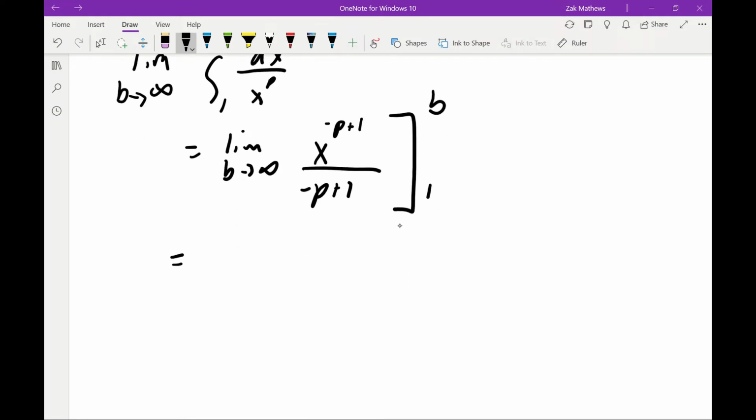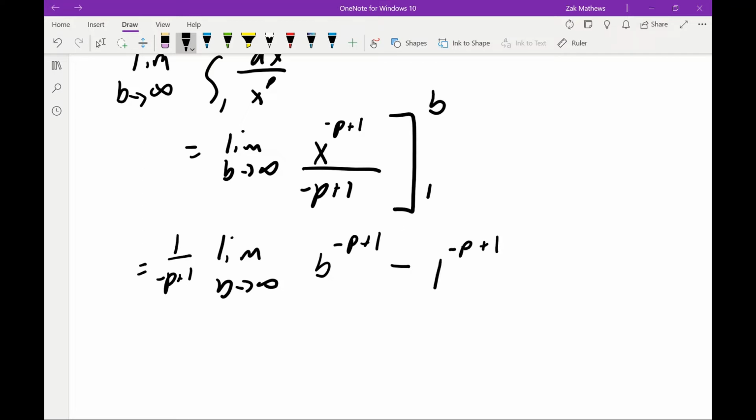And so we'll plug in. We'll have the limit as b goes to infinity of b to the negative p plus 1, and let me just go and pull that 1 over negative p plus 1 outside, because that's just a constant, right? It's just a constant. And then here we would have b to the negative p plus 1, and then we'd have 1 to the negative p plus 1.